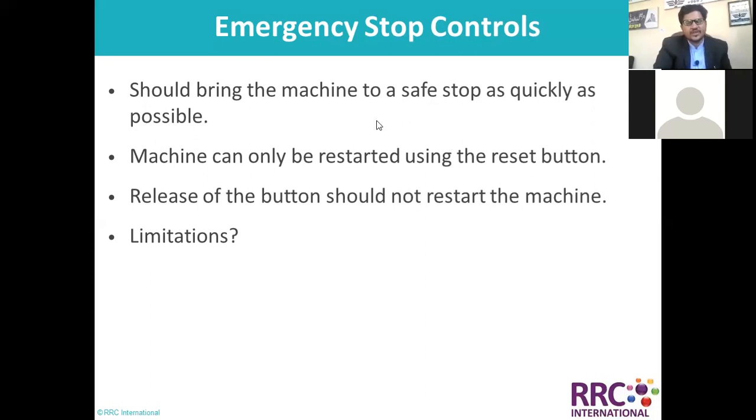Those seconds would be terrible, for example if someone has a finger in a flywheel, let's take an example, and you use the emergency stop button, but instead of the machine stopping immediately, it stops after 20 seconds. So what would happen to that gentleman within 20 seconds? I hope you got the point. So some limitations must also be understood. The release of the button should also not restart the machine.